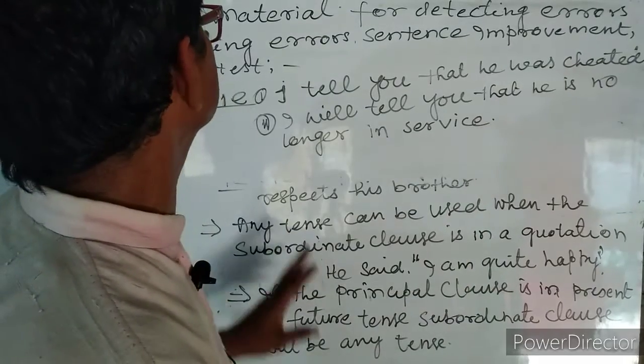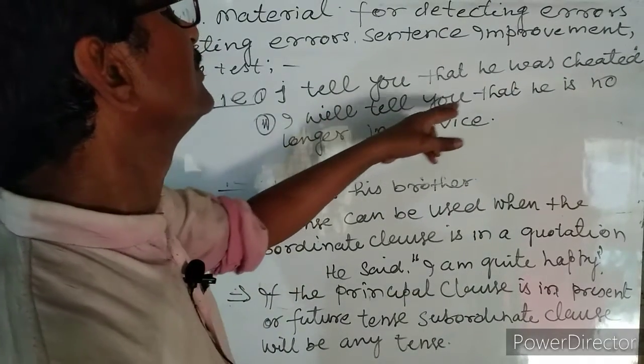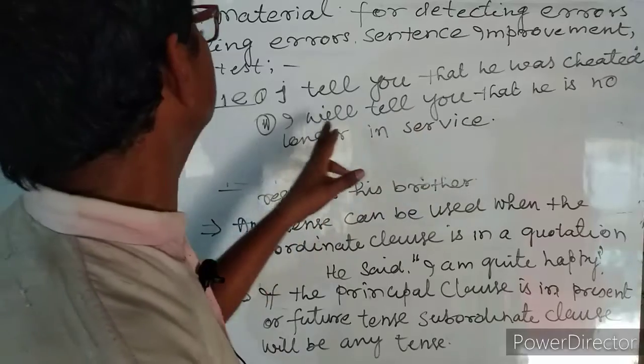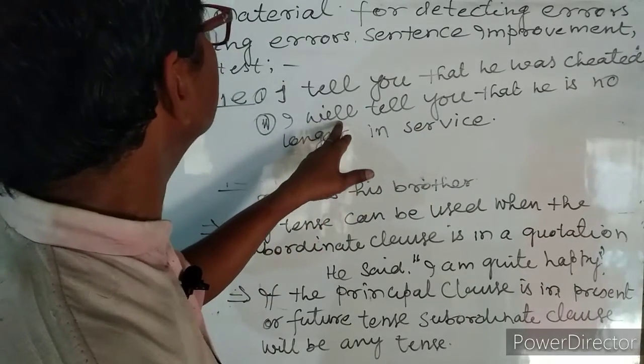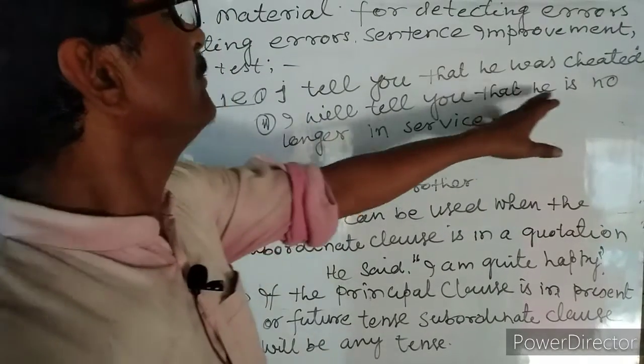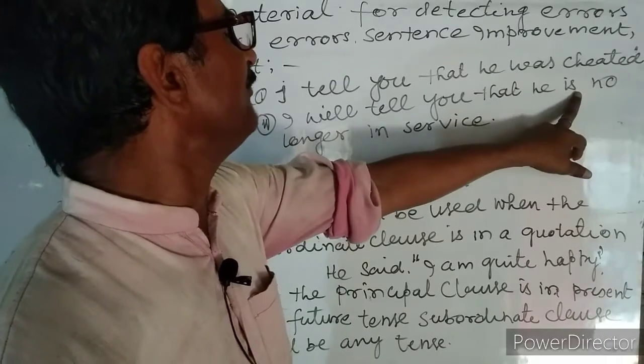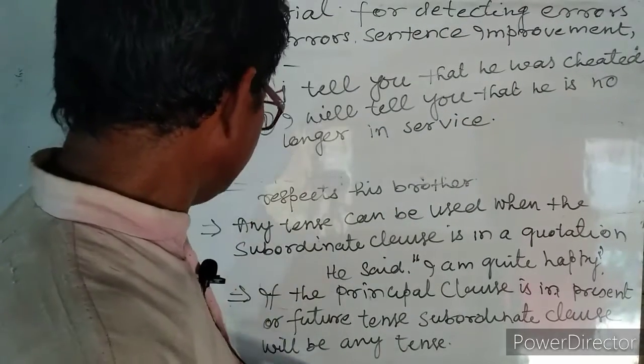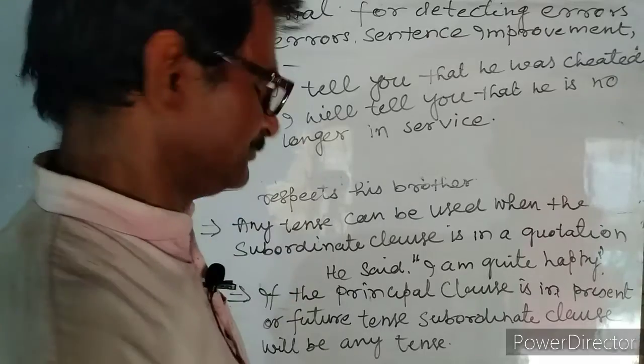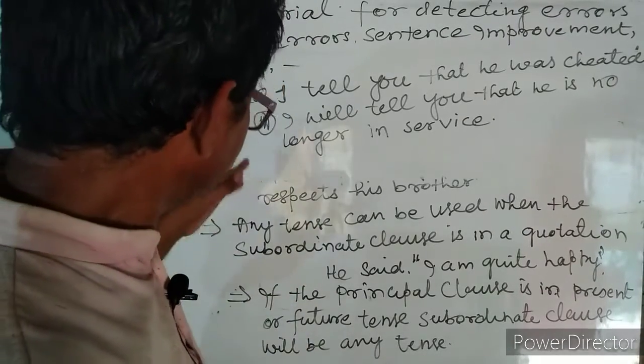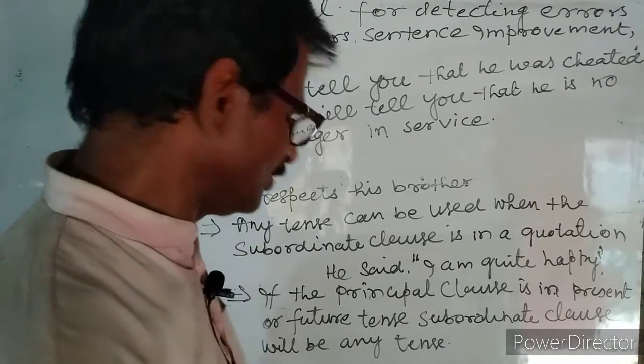I will tell you that he is no longer in service. Now I have written here in future form, but the subordinate clause is in present form. According to the given rules, it has been changed.